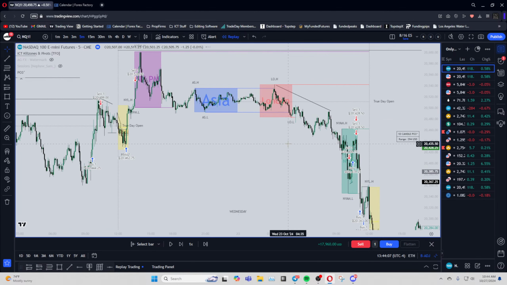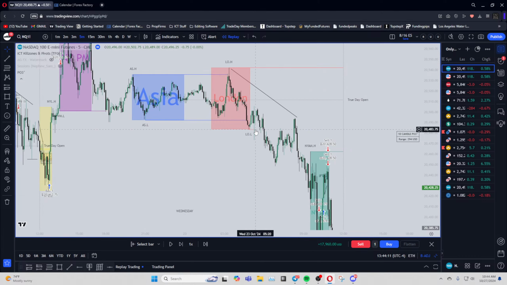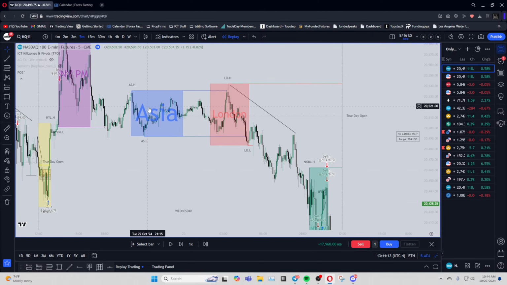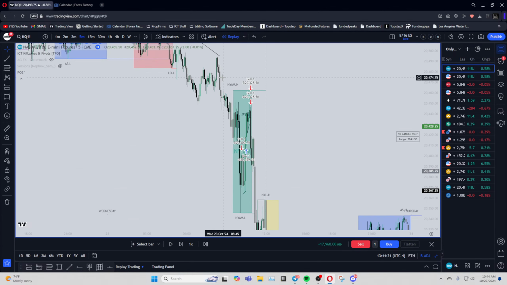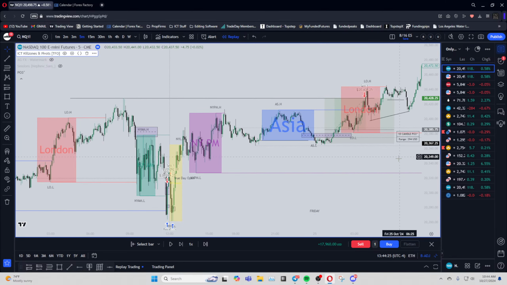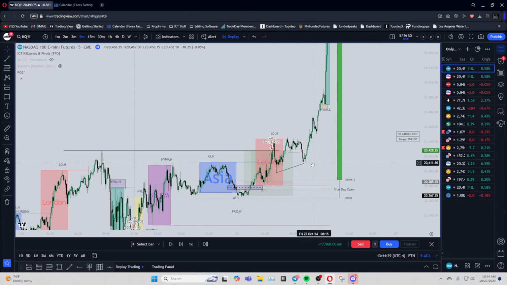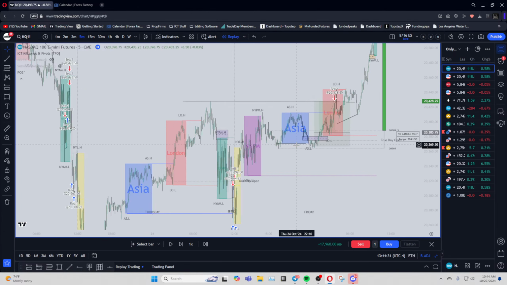That's kind of the same idea that happened the previous day on Wednesday, or 2 days before. We have Asia, we took one side. You see London starting to kind of distribute right here. And then we get our continuation going into New York. And same exact idea right here. So that's something you want to take note of.